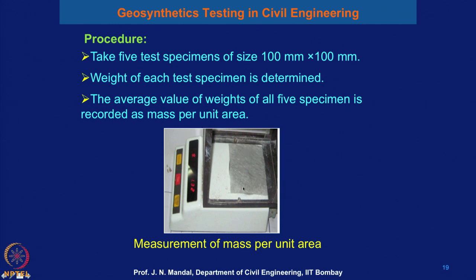So, this is the measurement equipment for the mass of the geosynthetic material. The geosynthetic specimen, 100 millimeter by 100 millimeter, is placed in this equipment, and you measure the weight, which is recorded as gram per meter square.